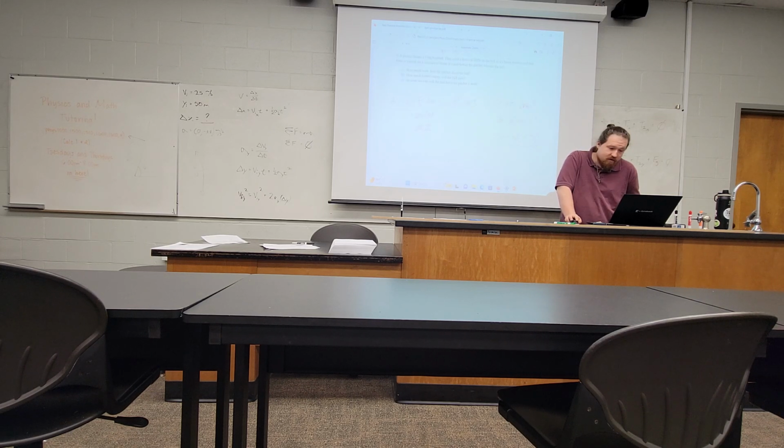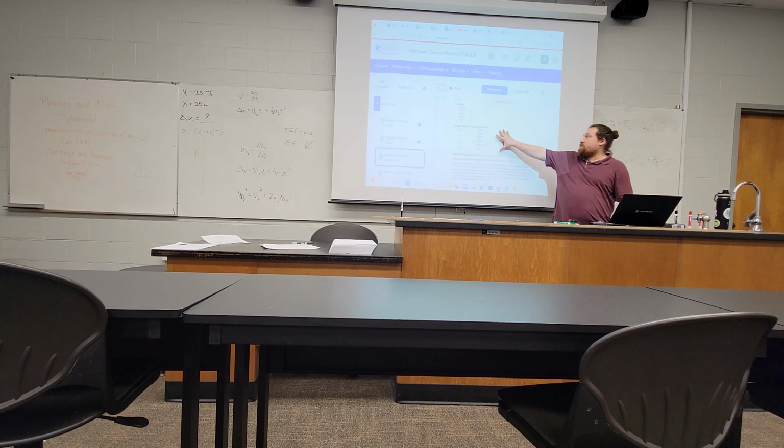Where is my syllabus? Where did I put that? For example, this is the weighting that I put on the syllabus. Tests as a whole is 38% of your grade, but that means each single test is about 19%.